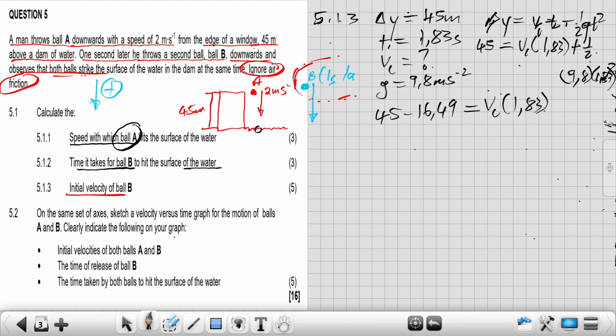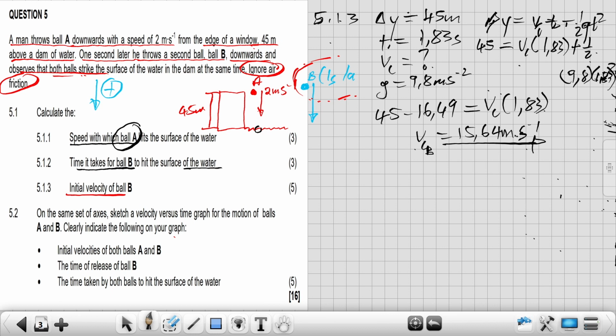Then I solve for that. I eventually get my V initial as 15.6164 meters per second. Let me just correct my SI unit, meters per second. Then this is now my final initial velocity, but I need to specify that this is for B.